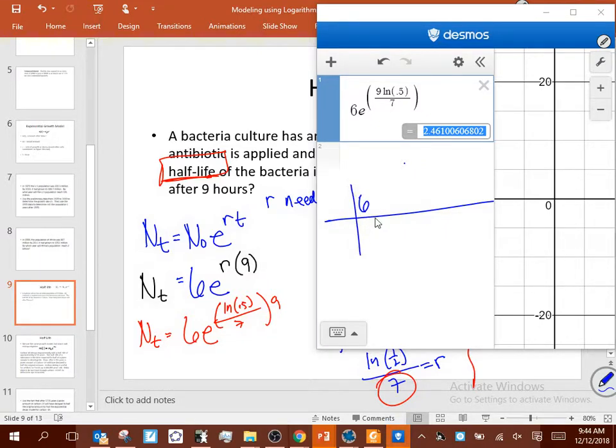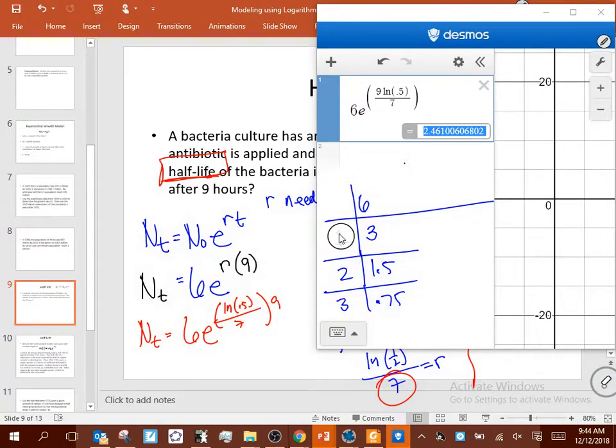After one half-life, this is my half-life, this is my quantity. After one half-life, what would I be left with? 3 billion, right? After a second half-life, what would you be left with? 1.5. After a third half-life? 0.75, right? Now think about this.